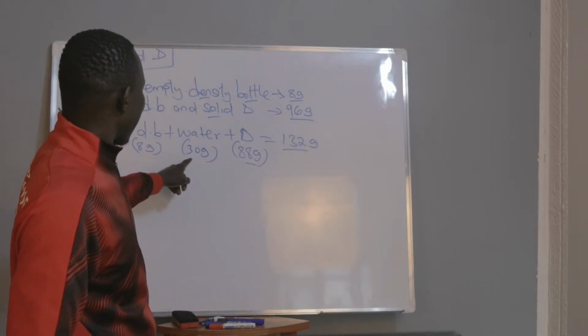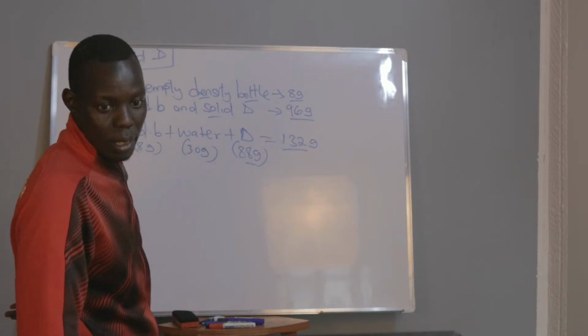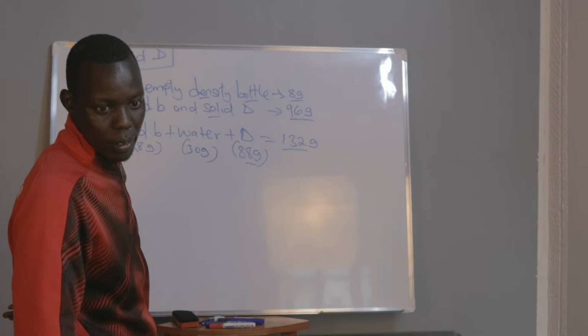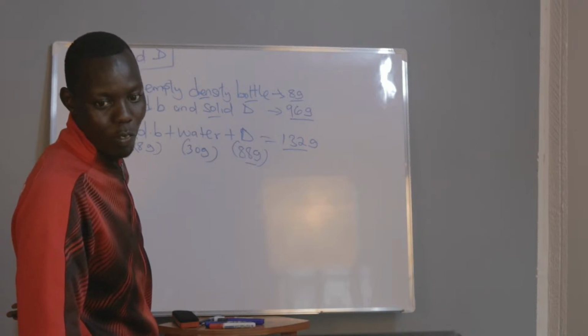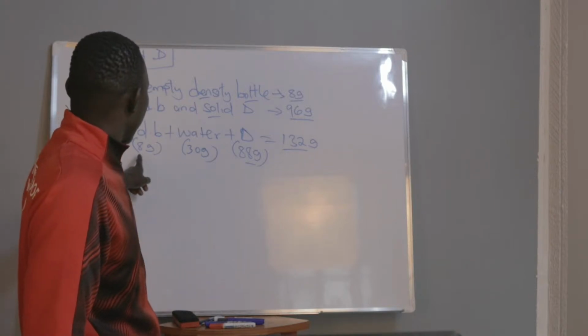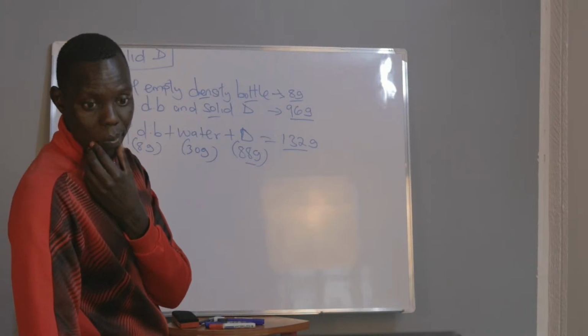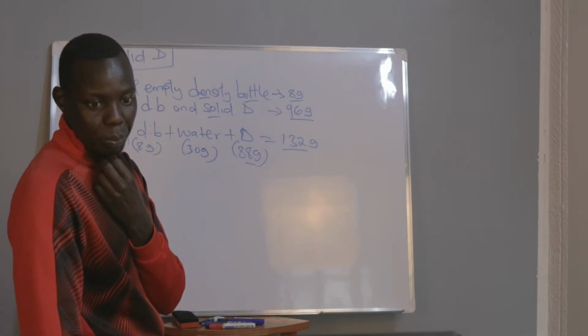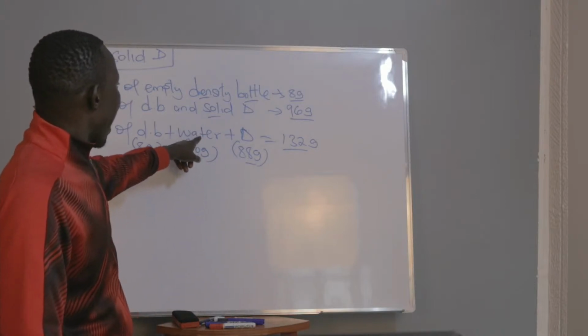If 8 plus 30 plus 88, what does it mean? Because kuna mahali hiyo swali imekosa. Can you add 8 plus 30 plus 88? 126. Kuna mahali imekosea.